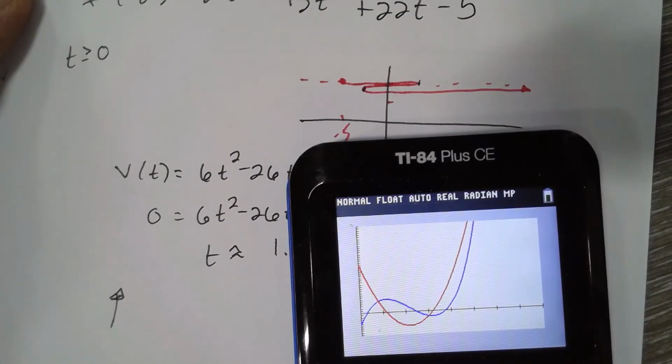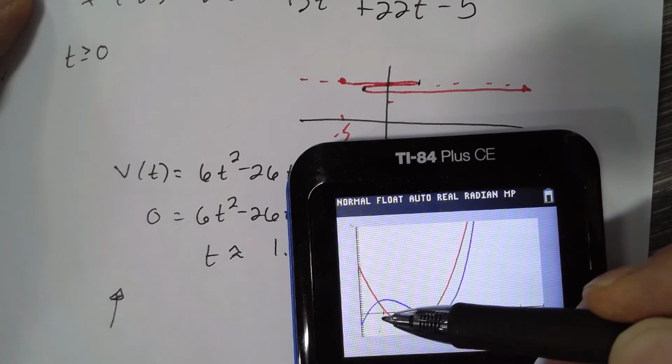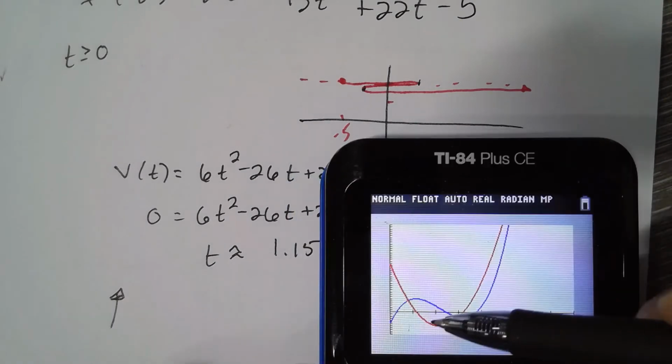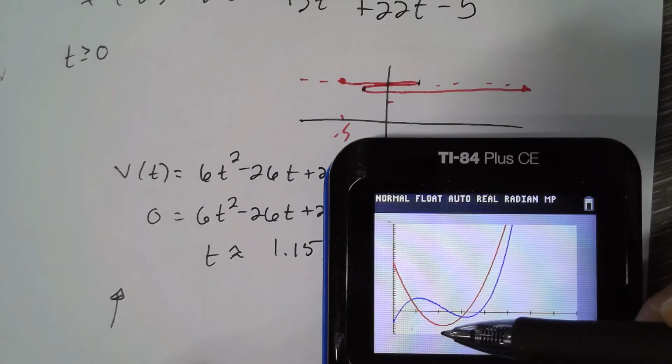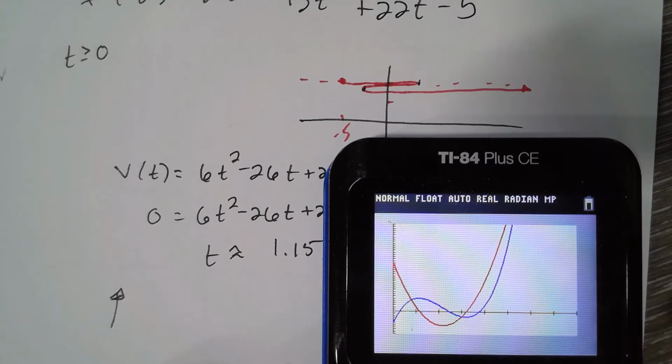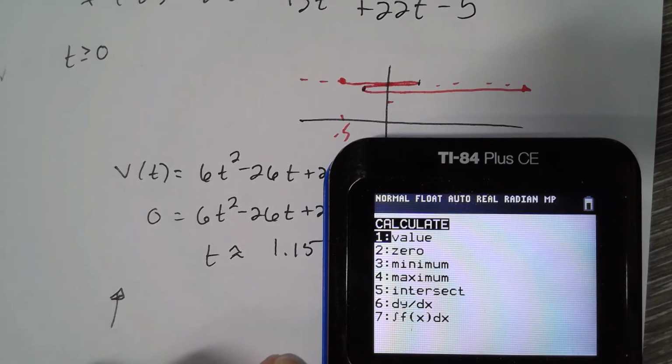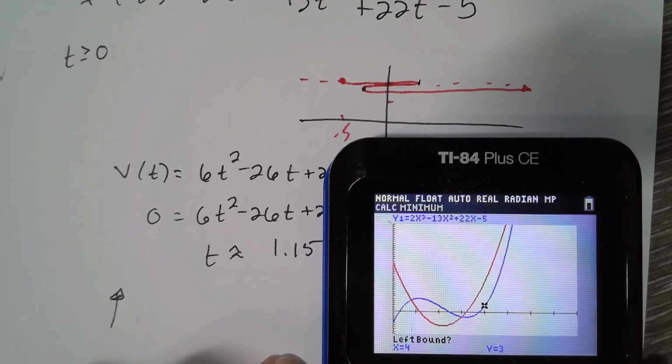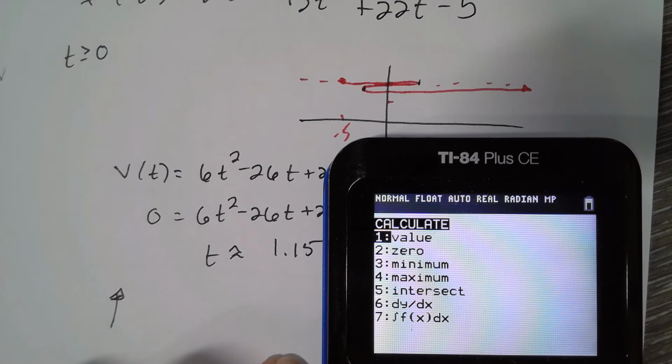It's speeding up from here, 1.15, to this, whatever that is. I guess we can calculate the minimum unless we wanted to do a derivative. We're on the blue curve, so I'm going to jump by hitting up. Now we're on the red curve, left bound, right bound.